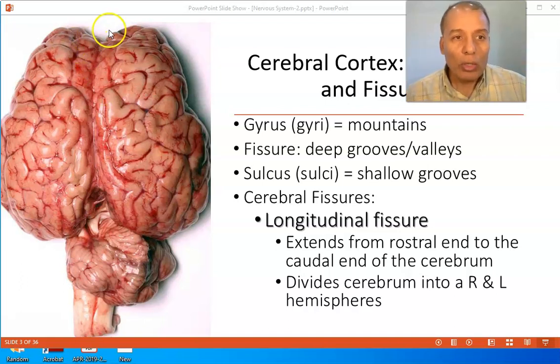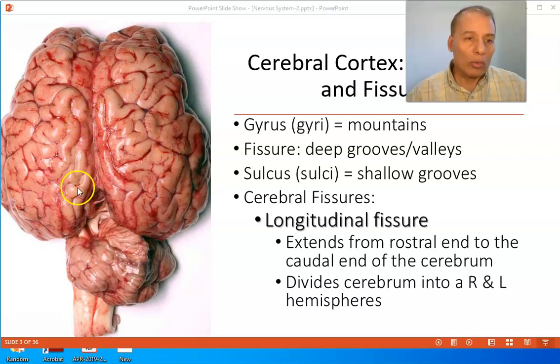So the longitudinal fissure goes from the rostral end, the far front end of the cerebrum, to the caudal end, the far end at the back. That is all that you need to say if you are asked what the longitudinal fissure is.